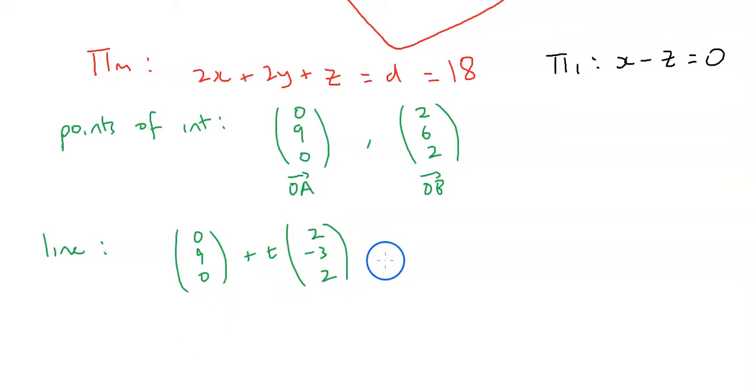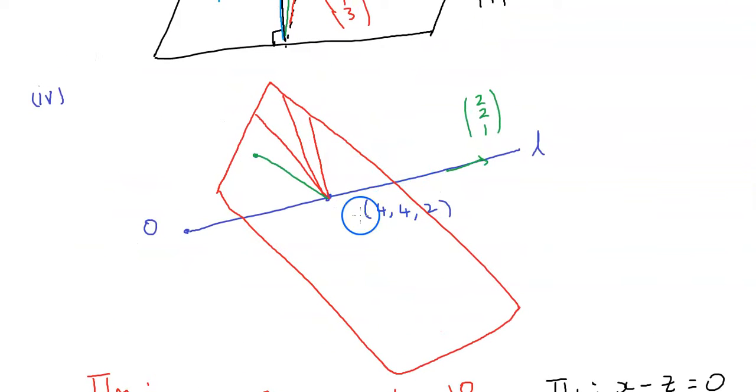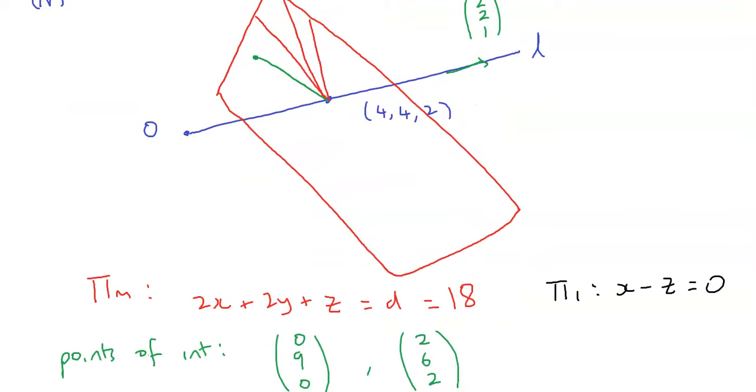So these are all the possible values of Q. These are all of the points where any one of these lines M could intersect the plane pi 1.